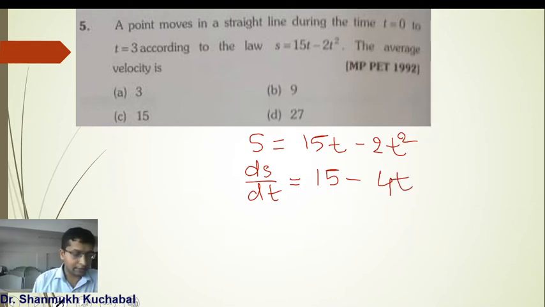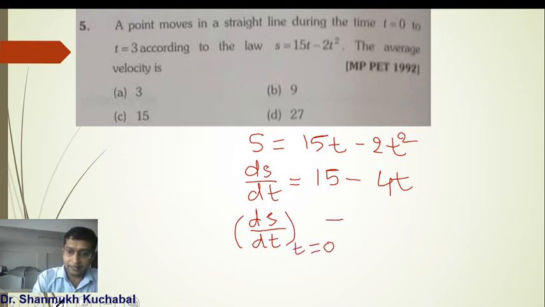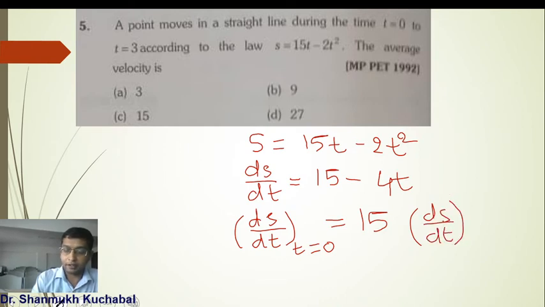Okay, so next we will find ds by dt at t equal to 0. Wherever t is there, we have to take it as 0, so we get 15. One more, we will calculate ds by dt. Wherever t is there, we have to take it as 3.